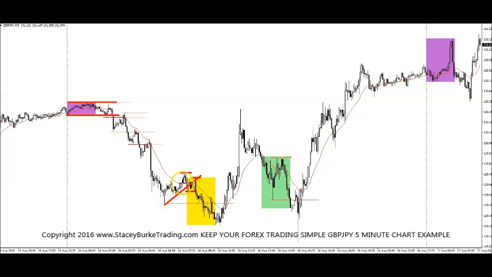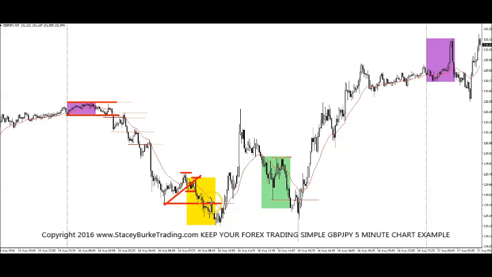Then we see the market resume its downward direction back towards the low that was formed prior to the London Open. Aggressive traders may have taken a trade entry in here. That's not quite the compression pattern that I like to see, but that was a with-trend trade.